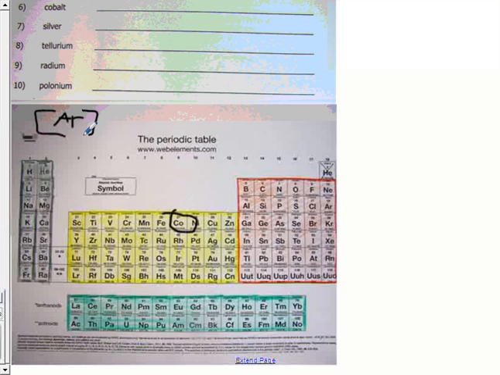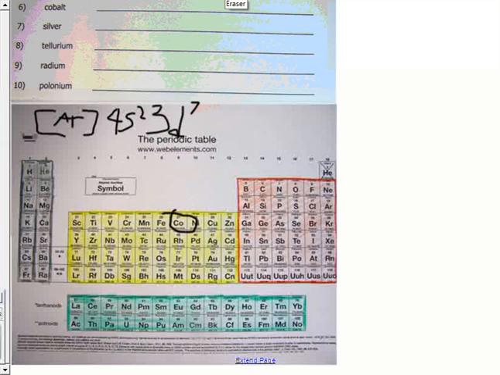And then we finish out here. That would be 4s2. And then this is 3d, and we have to count over 1, 2, 3, 4, 5, 6, 7. So 3d7. So that takes care of cobalt.